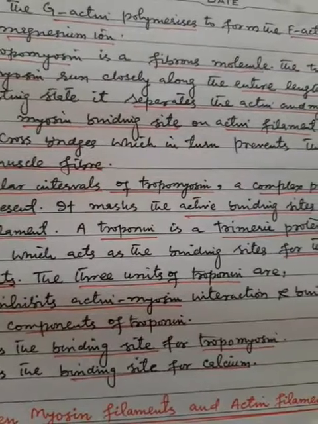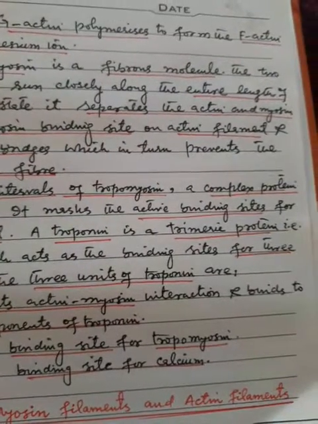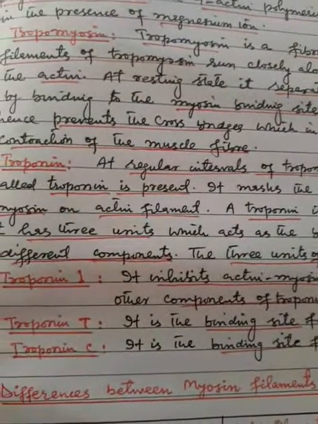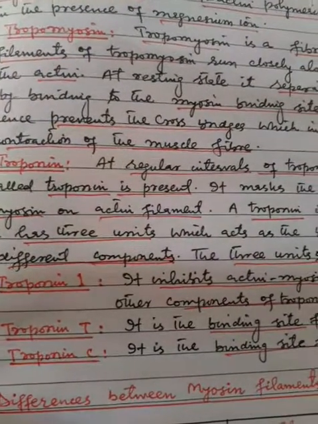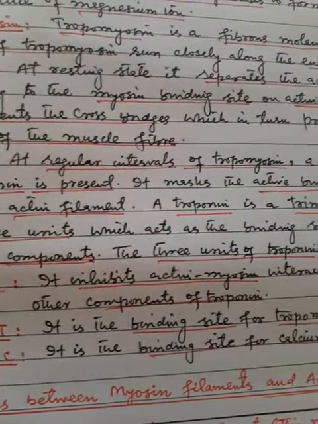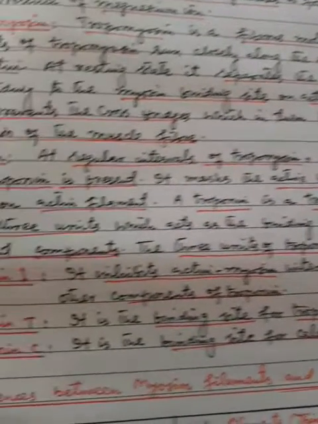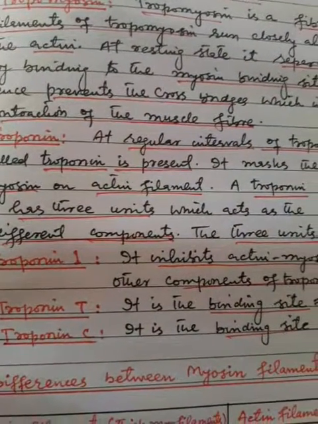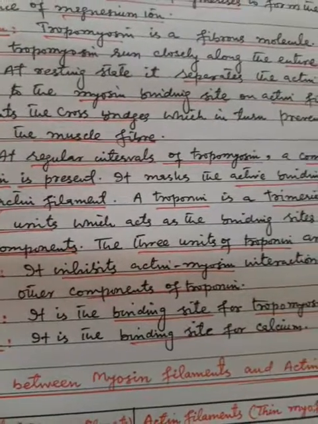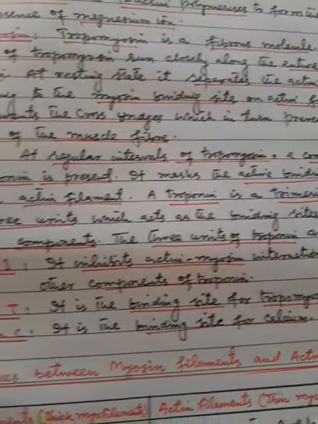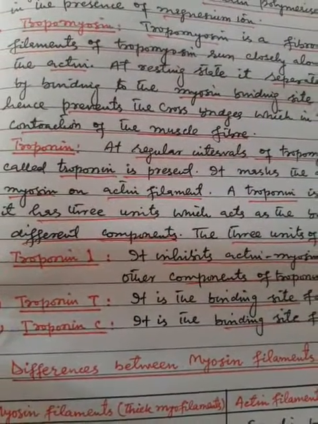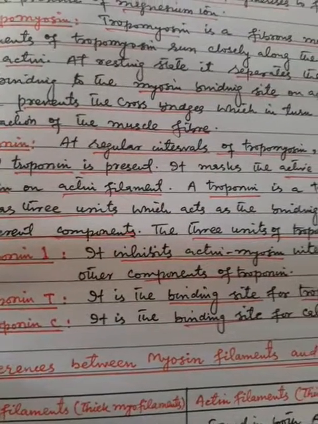Troponin is a trimeric protein, that is, it has three units which act as the binding sites for three different components.